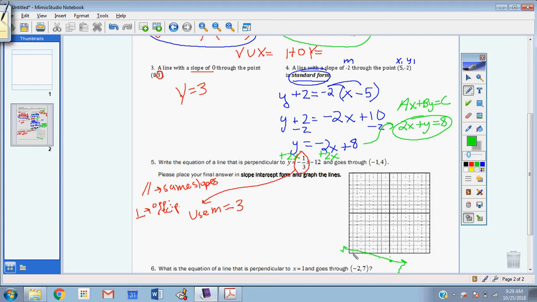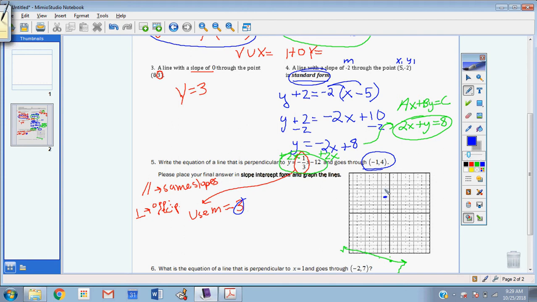But we don't want the equation of the green line. We have the equation of the green line right here. What we want, let's call it blue, is the equation of the blue line that goes through this point, negative 1, 4, and perpendicular to this. Well, you can see that to be perpendicular here, we're going to have a positive slope, and it's going to end up being a positive 3.